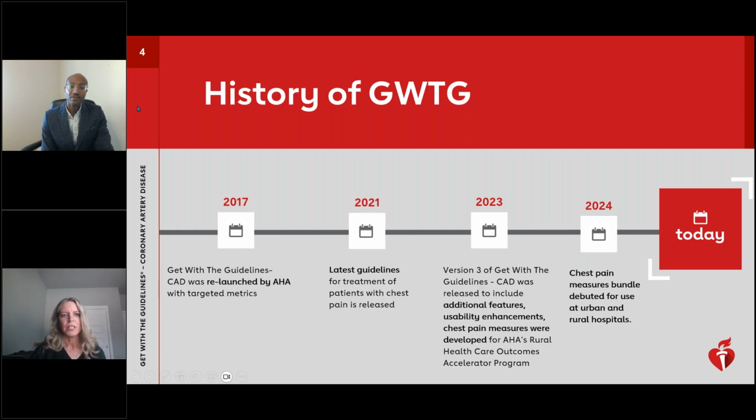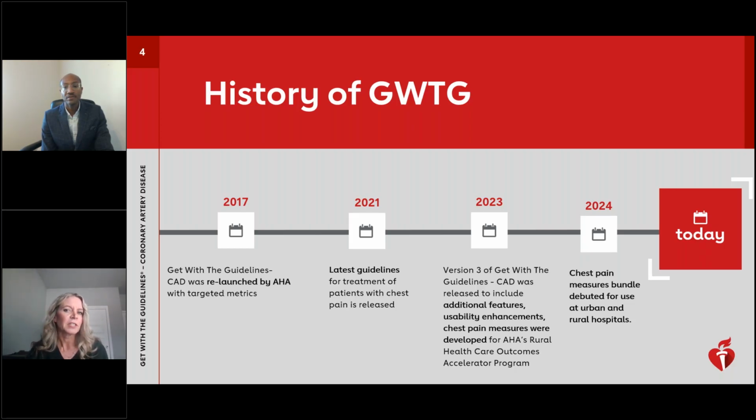In 2017, the AHA relaunched Get With the Guidelines Coronary Artery Disease as a standalone registry with more targeted metrics. In 2021, the latest clinical practice guidelines around the treatment of chest pain was published and released. And in 2023, version 3 of Get With the Guidelines CAD was released, which included additional usability enhancements.